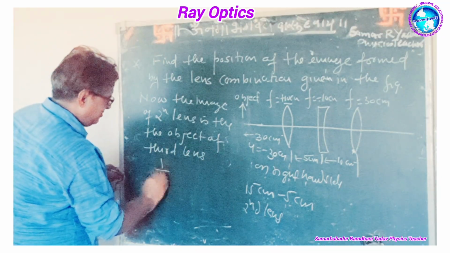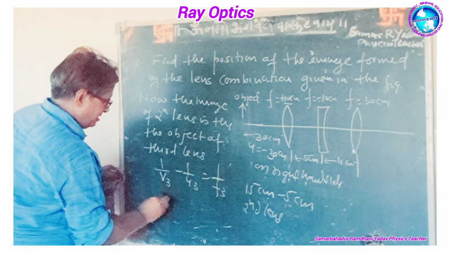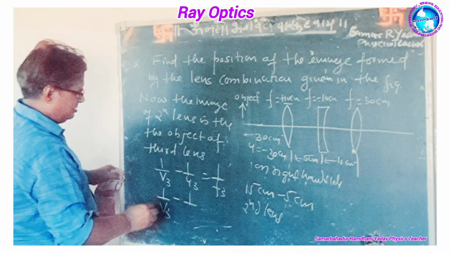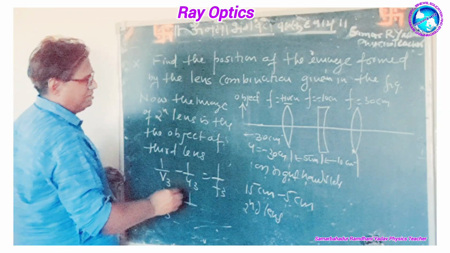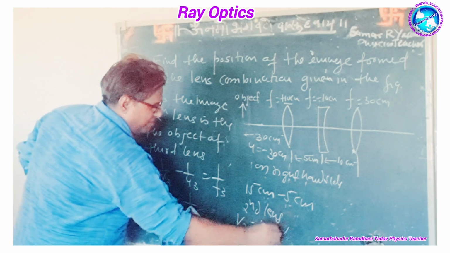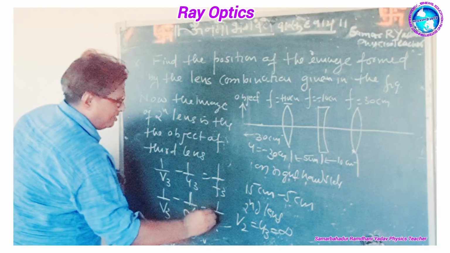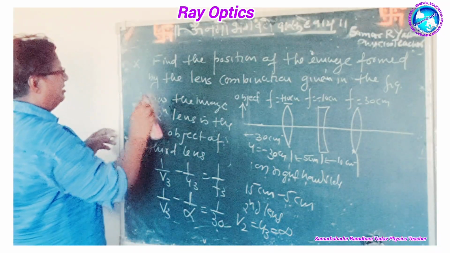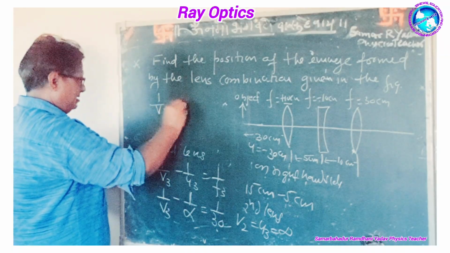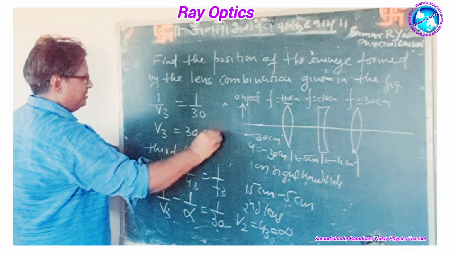Therefore 1 upon V3 minus 1 upon U3 is equal to 1 upon F3. We know that here V2 is equal to U3 is equal to infinity. So you can write 1 upon infinity is equal to 1 upon F, here F3 is 30. Therefore 1 upon V3 is equal to 1 upon 30. Therefore V3 is equal to 30 centimeter.